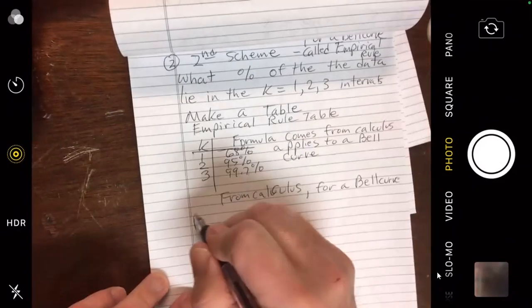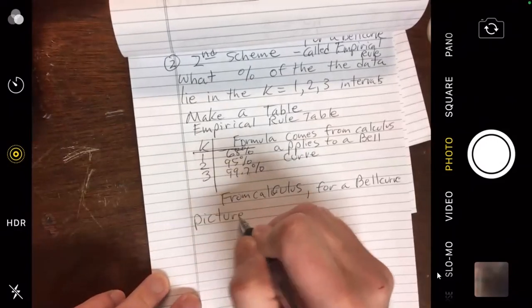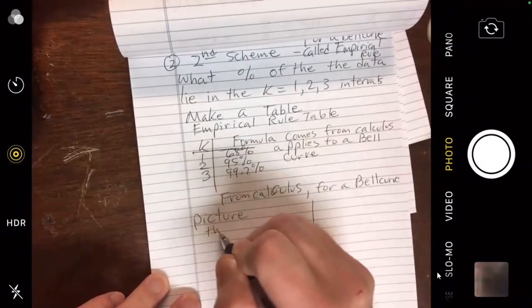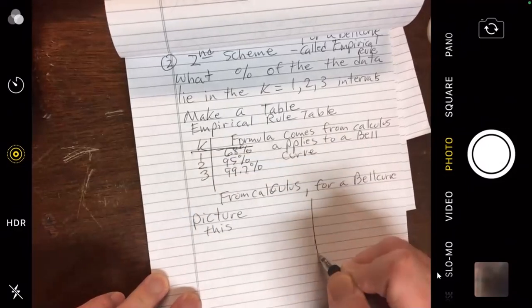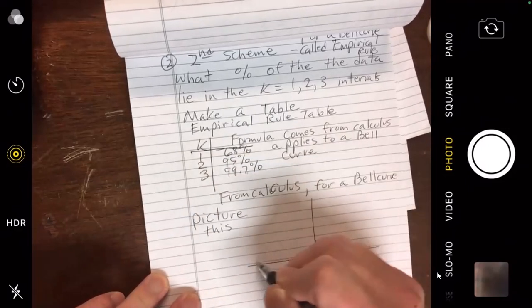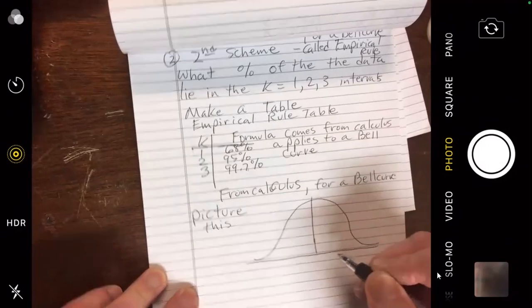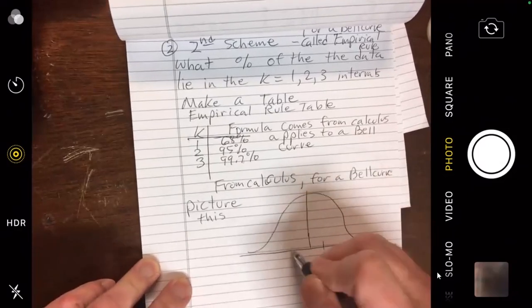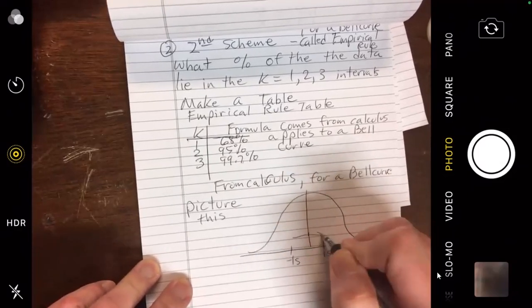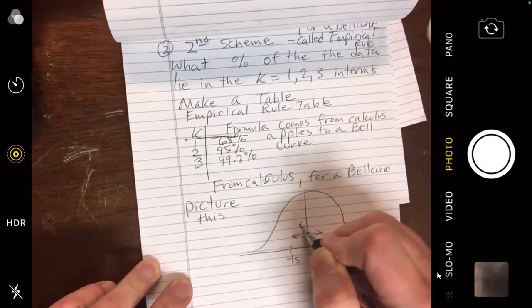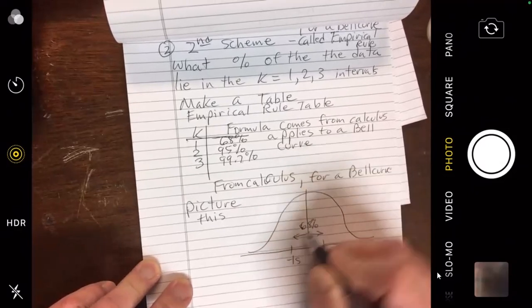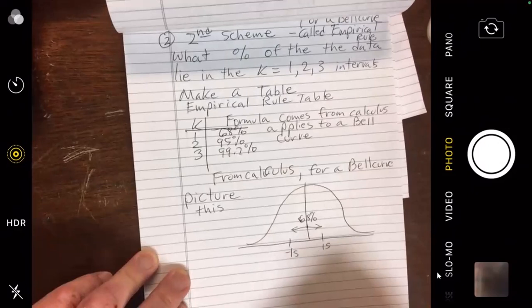You can actually picture this. You can have 1 standard deviation and -1, and there'll be 68% of the numbers within 1 standard deviation.